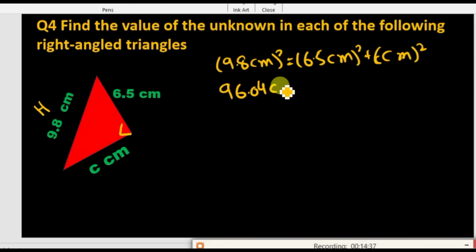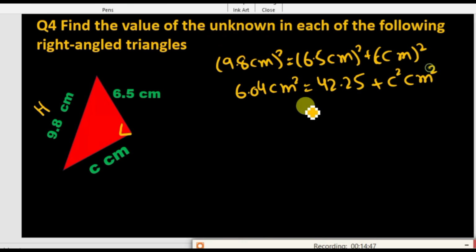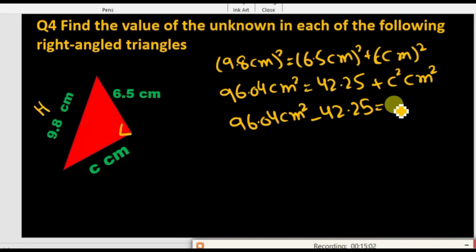You can solve it. 6.5 into 6.5, the answer is 42.25. And the last one is C square centimeter square. So 96.04 centimeter square minus 42.25 is equal to C square centimeter square.